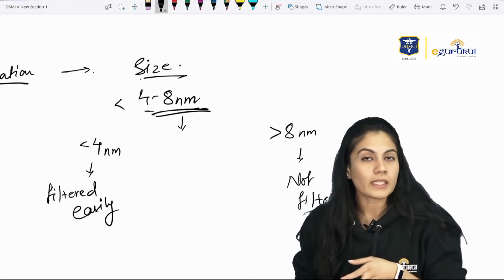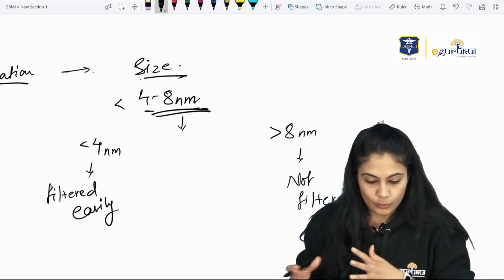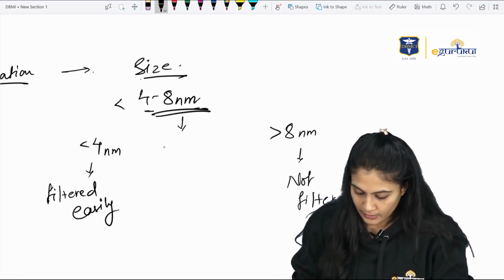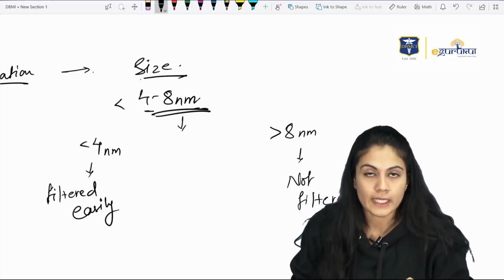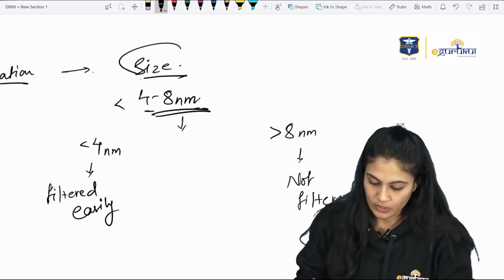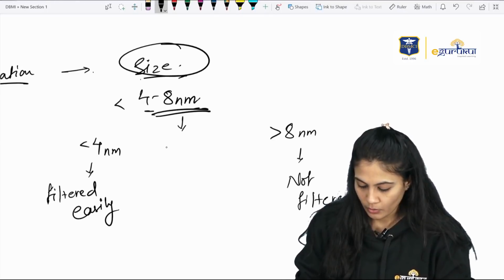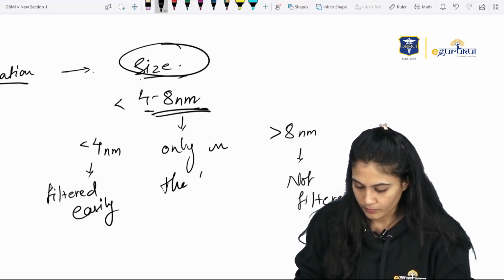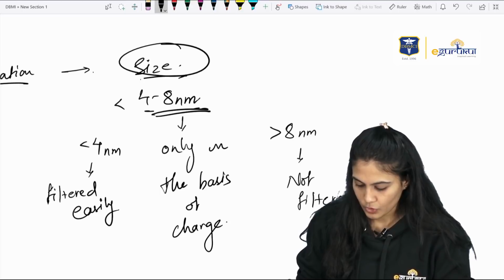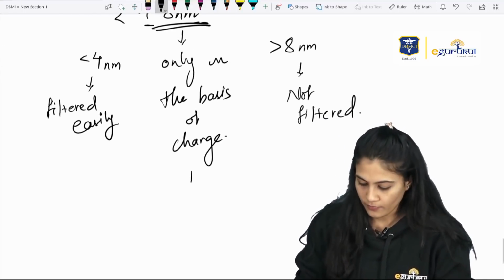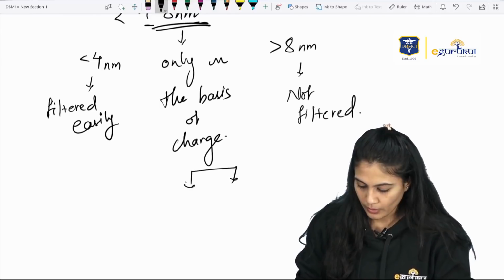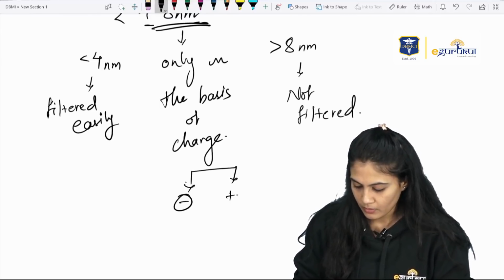So if the particle is 4 to 8 nanometers, in between that, then what criteria should be there? The charge is the criteria, right? The first criteria was the size, then the charge. So it is going to get filtered on the basis of charge, right?